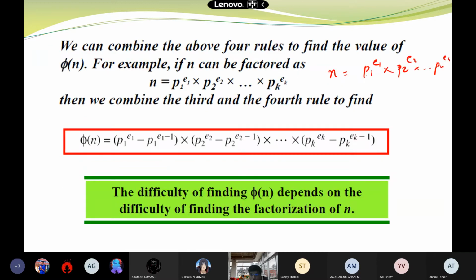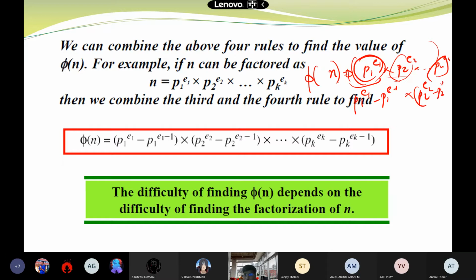If n is factored as a product of these numbers, I can calculate phi of n individually using that property. So phi of n is P1 to the E1 minus P1 to the E1 minus 1, into P2 to the E2 minus P2 to the E2 minus 1, and like that we could go on, applying the third and the fourth property together.